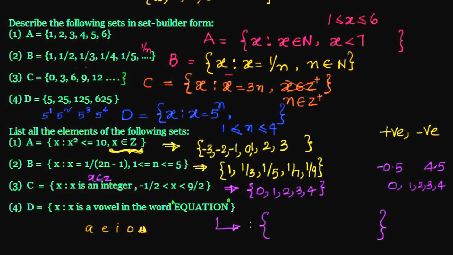So E is a vowel, so I will write E. Q, no. U, yes. A, yes. T, no. I, yes. O, yes. So you have A, E, I, O, U, everything covered in this. Okay? Right.